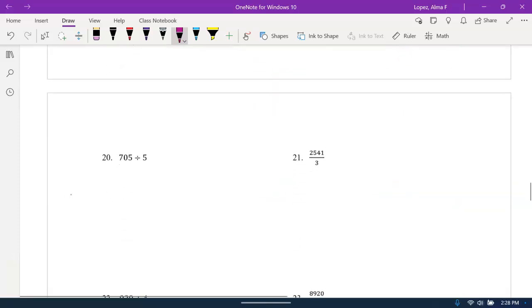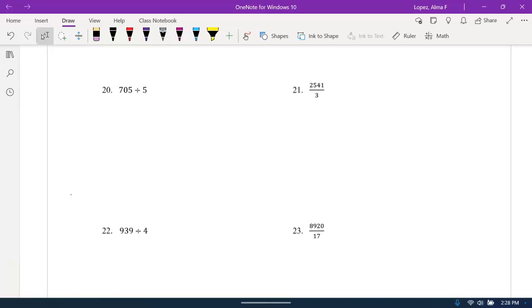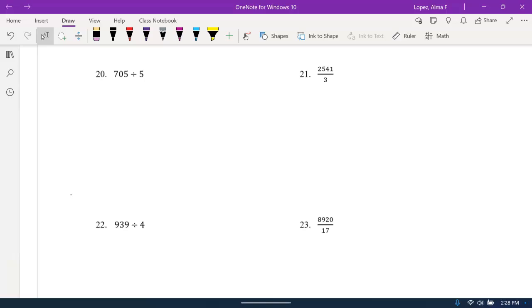Let's continue. Now, when you divide 705 by 5, and again, brush those times tables up if you want to make this a little easier for you. The number we're dividing into is the dividend, and the number we're dividing by is the divisor.